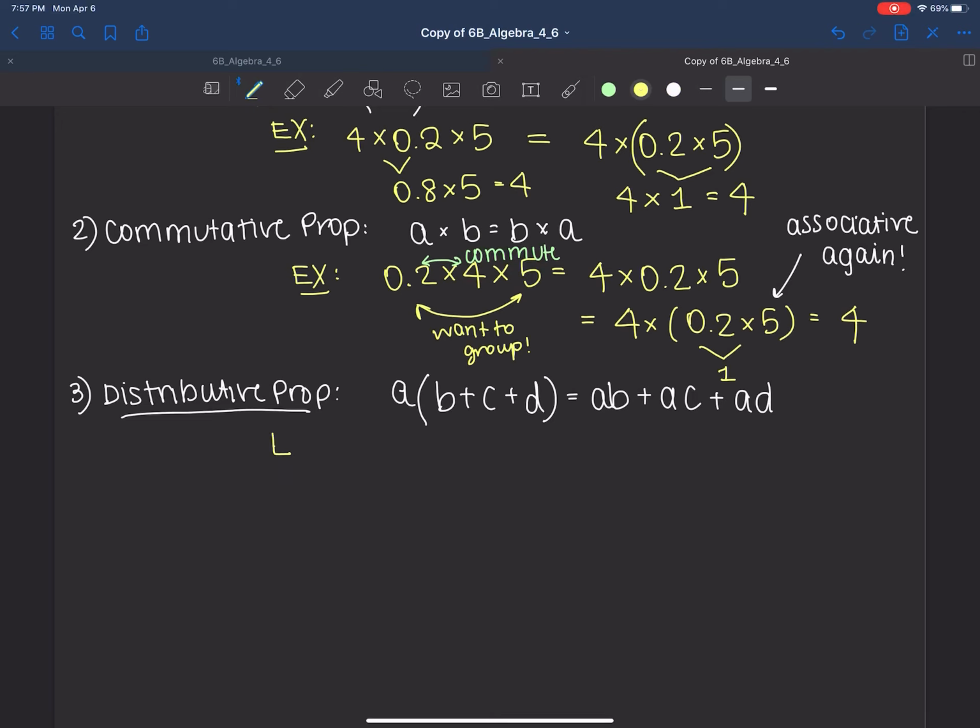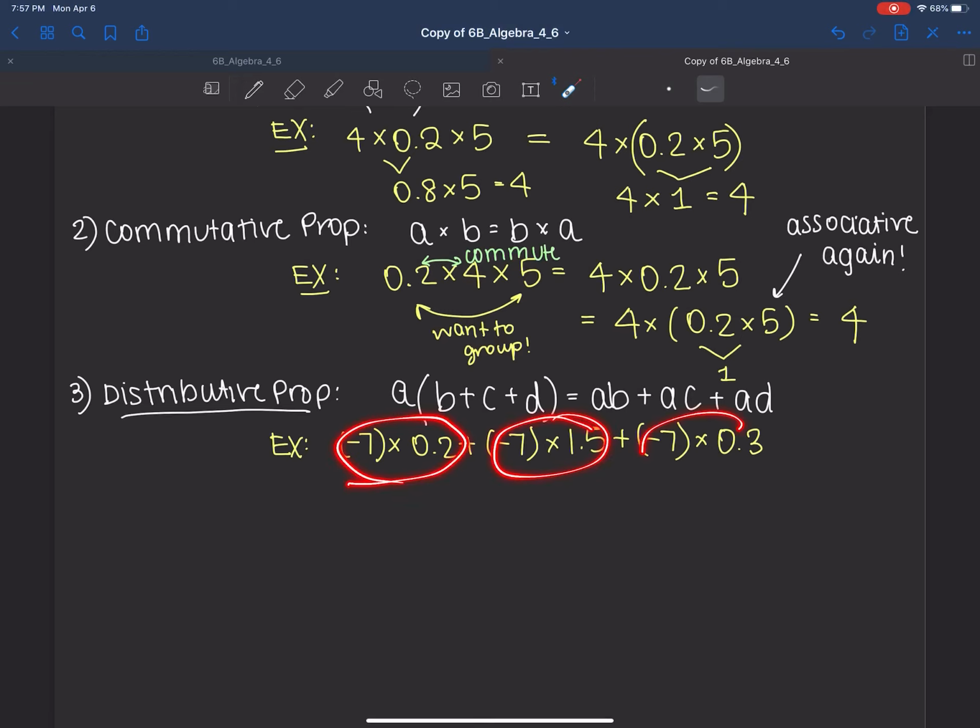Let's say we have minus 7 times 0.2 plus minus 7 times 1.5 plus minus 7 times 0.3. Okay, so I look over and I have 3 terms.